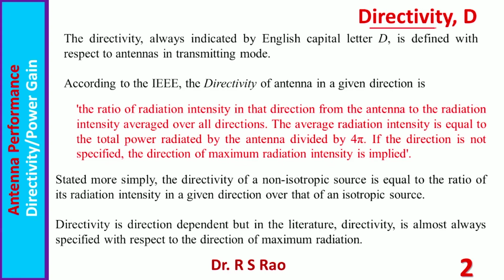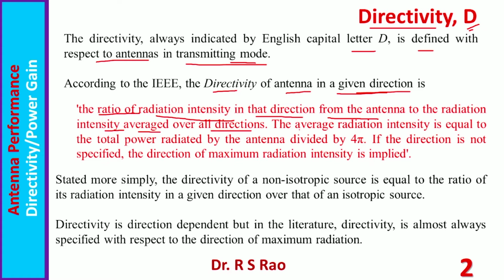Directivity is indicated by the capital English letter D. It is defined with respect to antennas in transmitting mode. According to IEEE, the directivity of an antenna in a given direction is the ratio of radiation intensity in that direction from the antenna to the radiation intensity averaged over all directions. The average radiation intensity is equal to the total power radiated by the antenna divided by 4 pi.